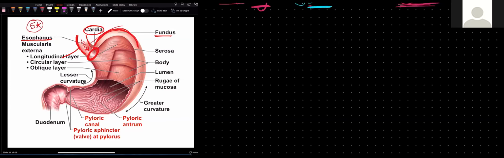The mid region on here, all this part is going to be the body of the stomach. All this mid region of the stomach is going to be the body of the stomach. The most peripheral part of the stomach, this is going to be the pylorus.